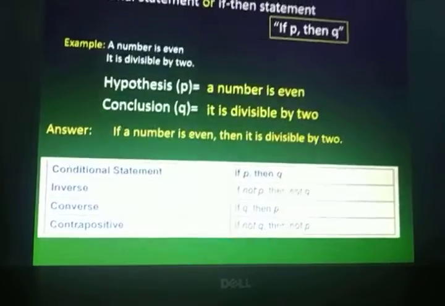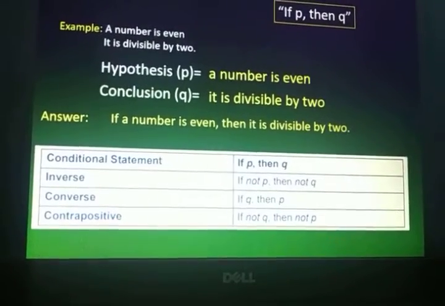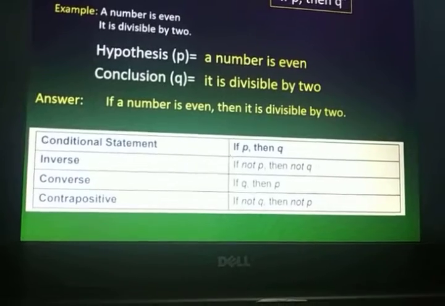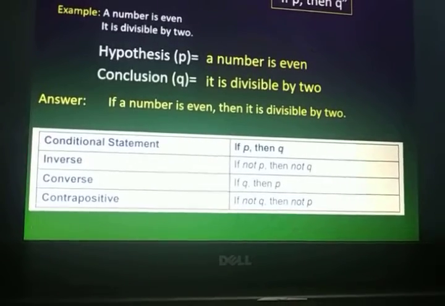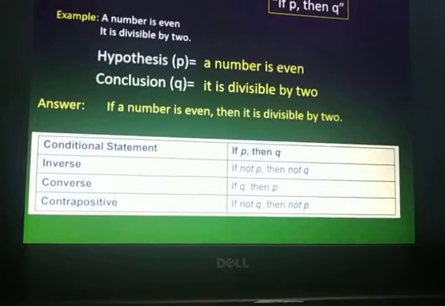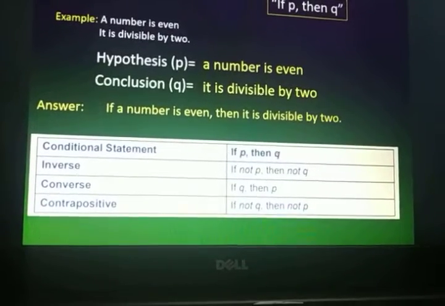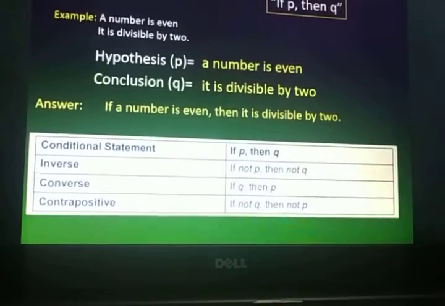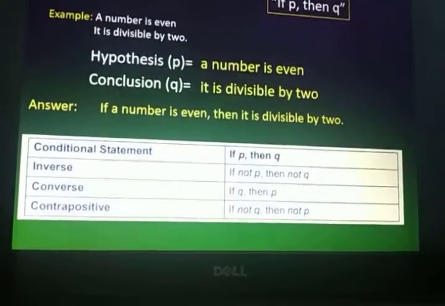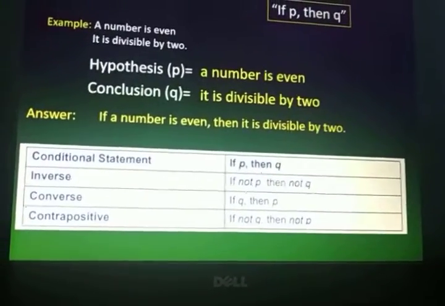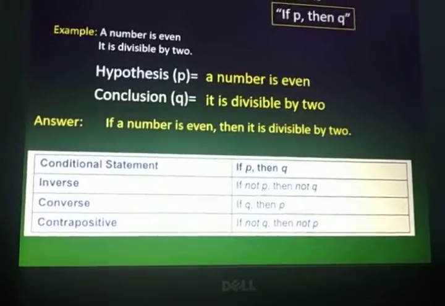If Q, then P. And the last, contrapositive, we follow the pattern if not Q, then not P. Contrapositive statement is the negation of converse. We just add not or don't to our conclusion first, then negation or not to our hypothesis. Okay, let's remember this.